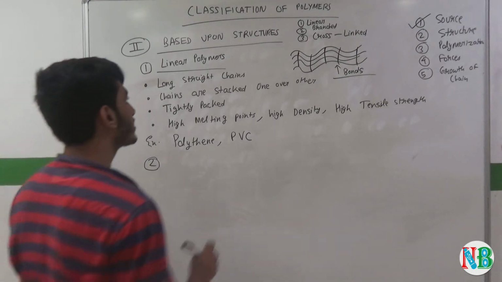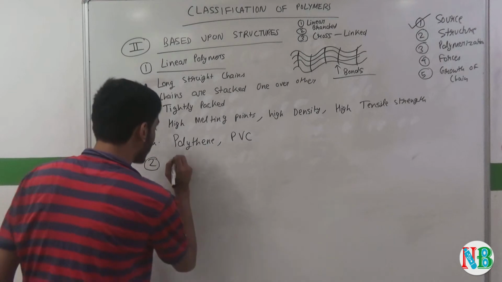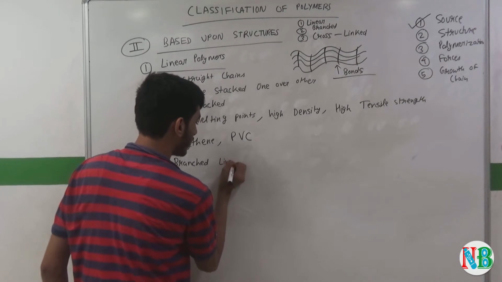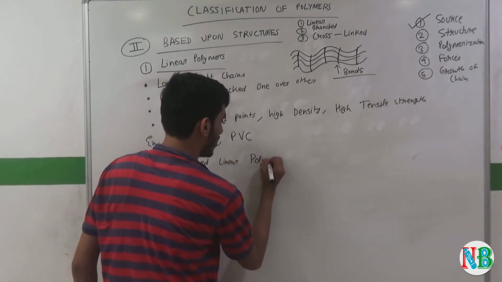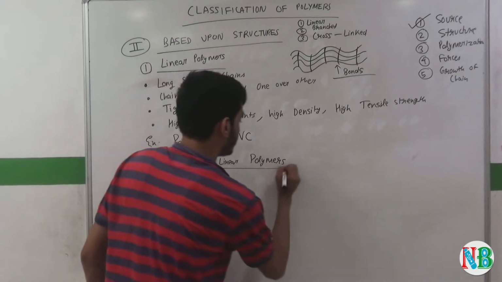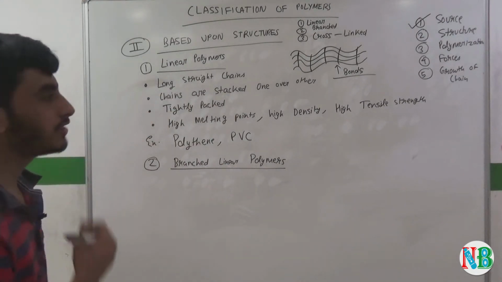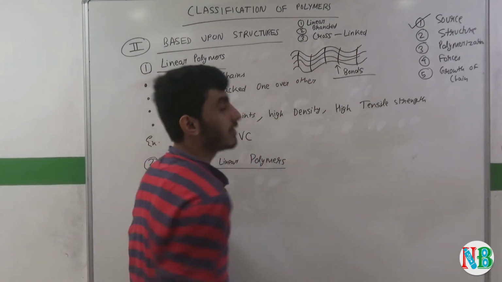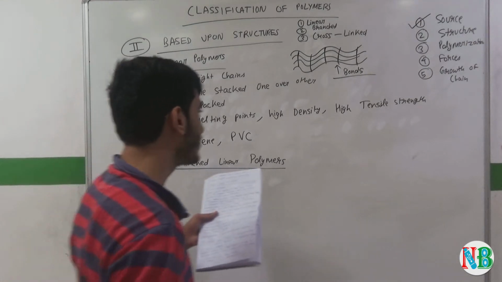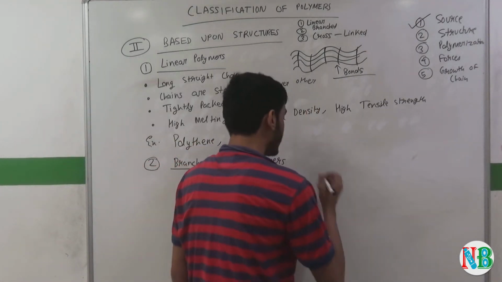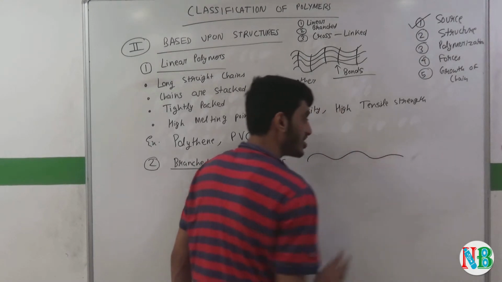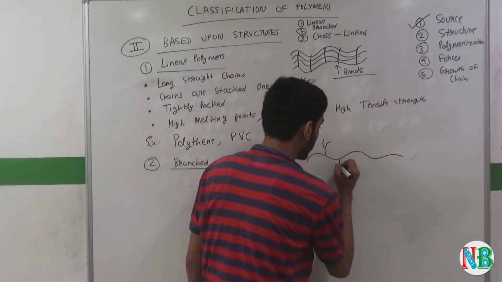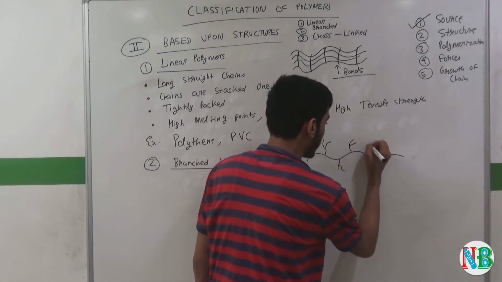Now comes type 2 under this. The first one was linear, the second one is branched. In the first one we saw very long chains, one, then second, then third, then fourth, and then fifth. In the case of branched, there is a single long main chain, and from this main chain you have some outward parts.